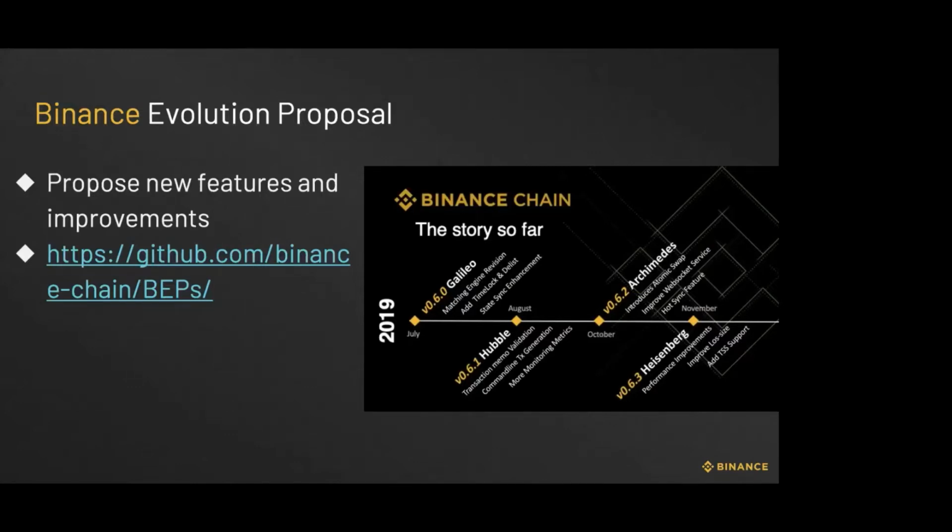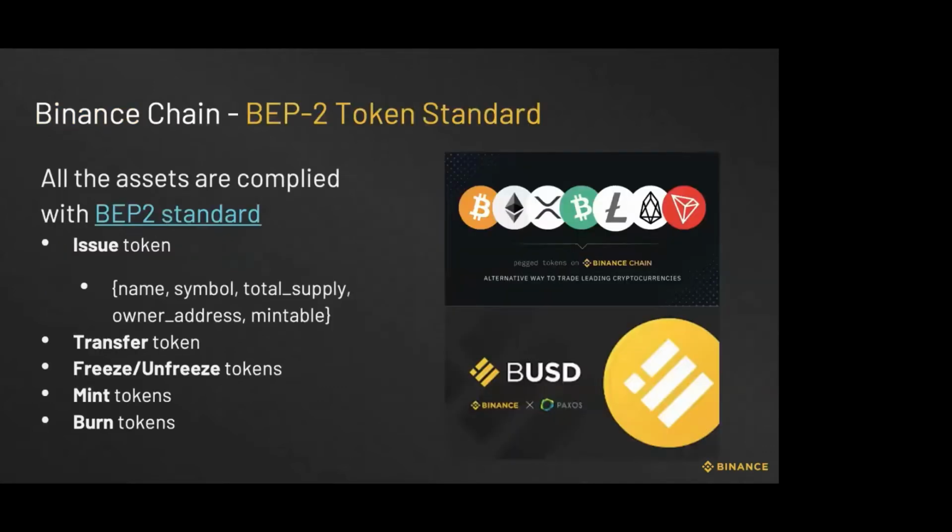It's like what you have heard with EIPs in the Ethereum space. If you want, you can go to this GitHub and see the discussion about the BEPs, and you can even post a new one if you want to try to achieve something new on top of Binance Chain. Now I want to talk about the tokens on Binance Chain.